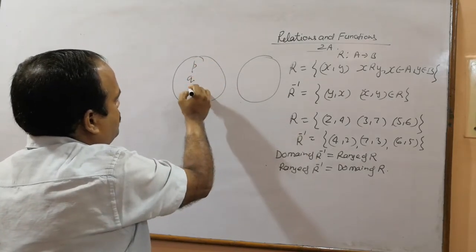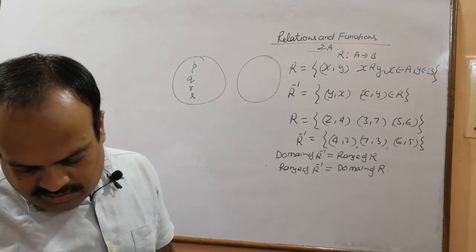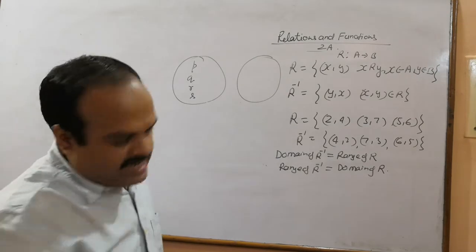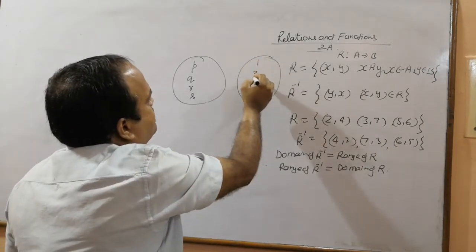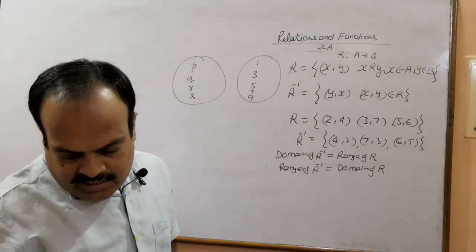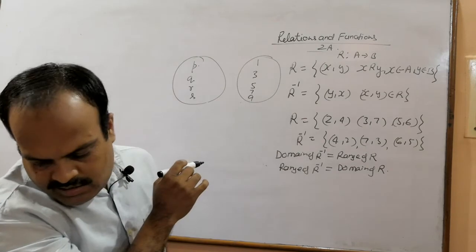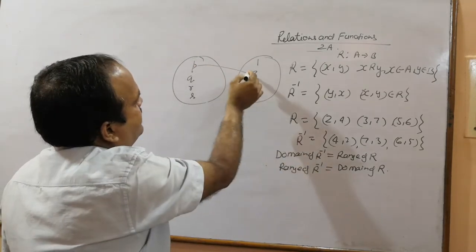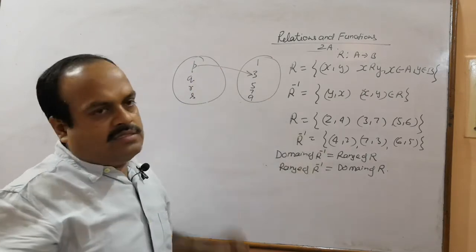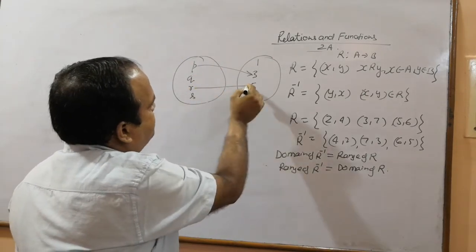P, Q, R, S. 1, 3, 5, 7, 9. P has a relation with 3. R has relation with 5.